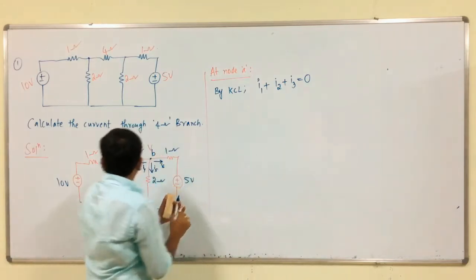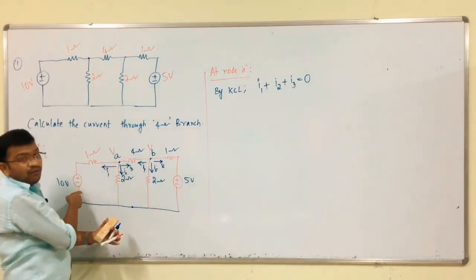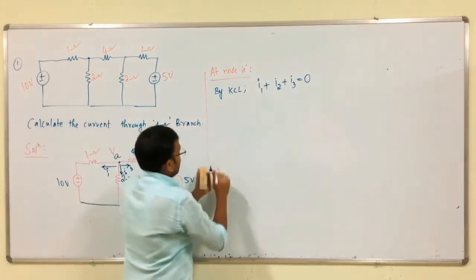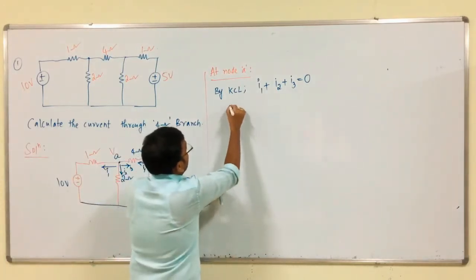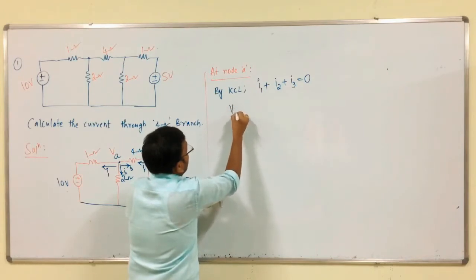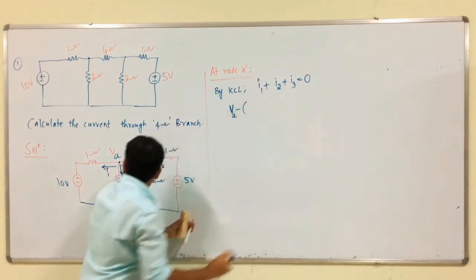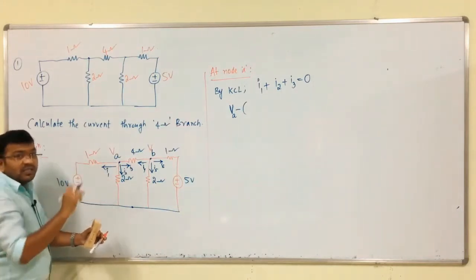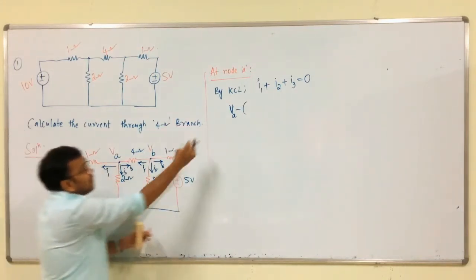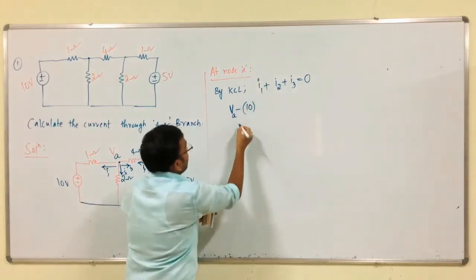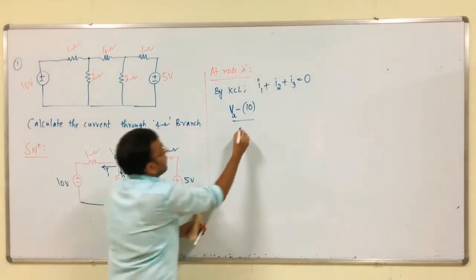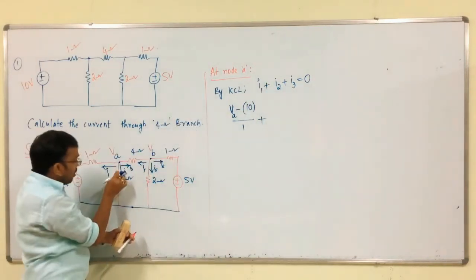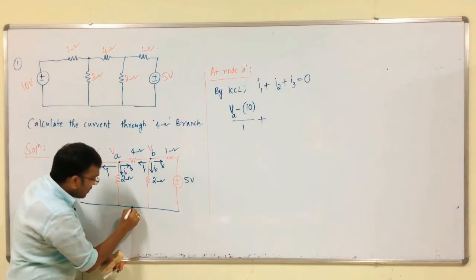So, what is I1? The current direction is from VA to 10 volts, no? That is VA minus 10, because the current should flow from plus to minus, divided by the value of resistance, 1. Plus, coming to I2: what is the reference node?